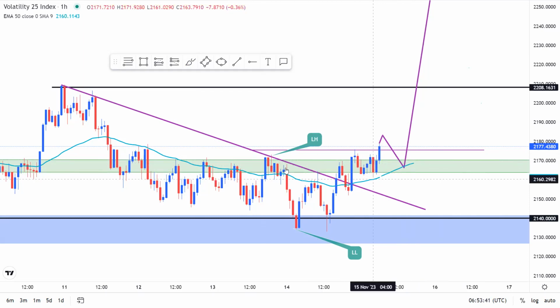So we'll be having a perfect retest of the 50 exponential moving average, a perfect retest of 2170 psychological round number, a perfect retest of the 1 hourly time frame key level being the green rectangle area right about here.